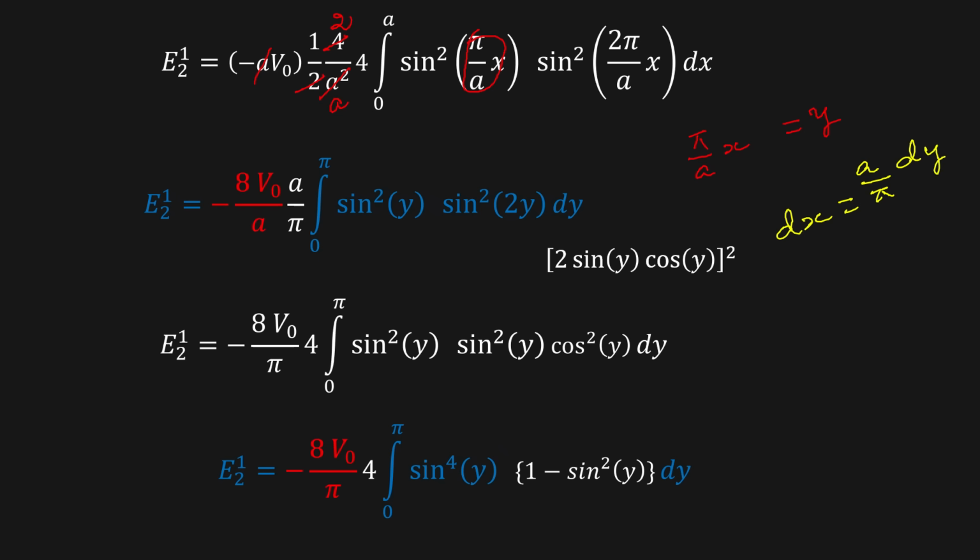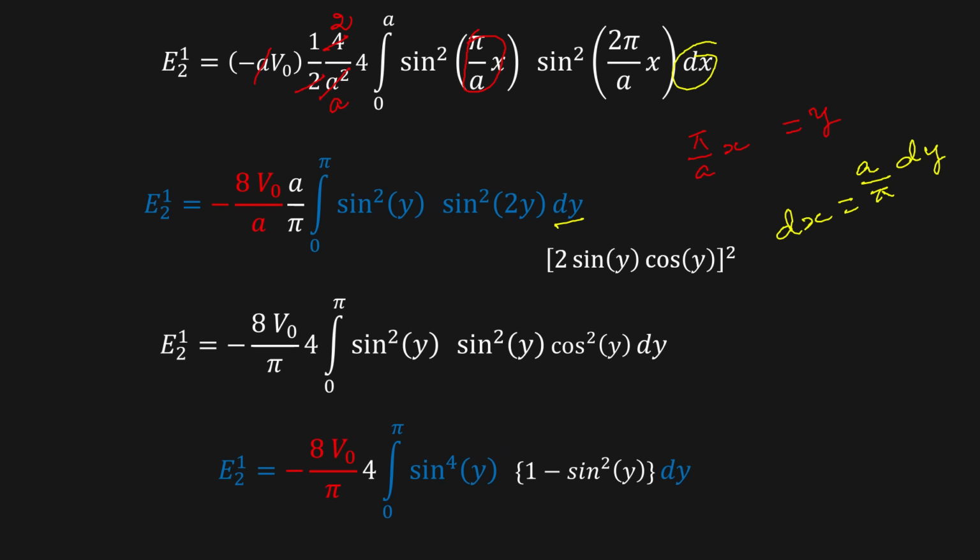So you replace this dx by a over pi dy. So dx is replaced by a over pi dy. So I am taking pi by a x as y. Then this will be 2y.